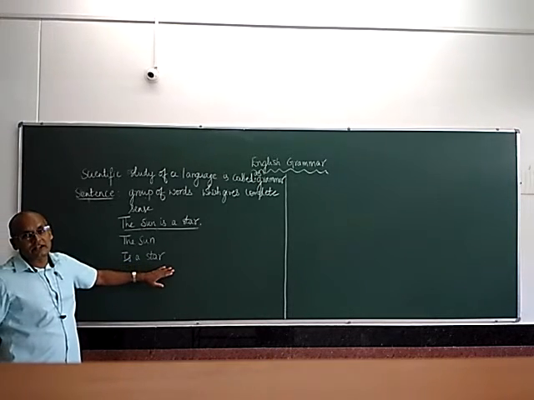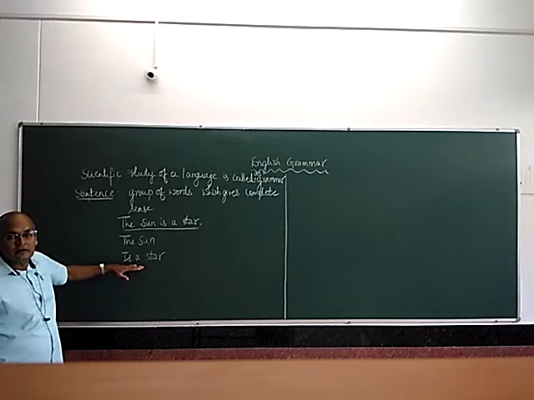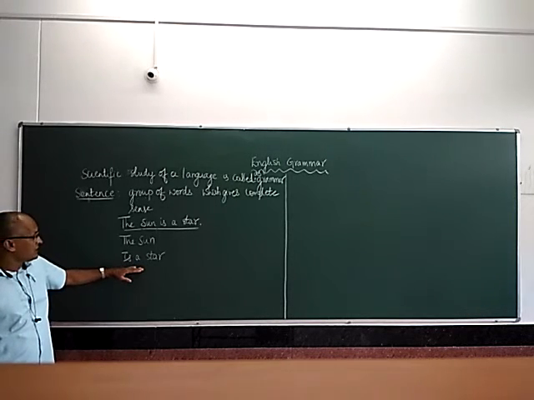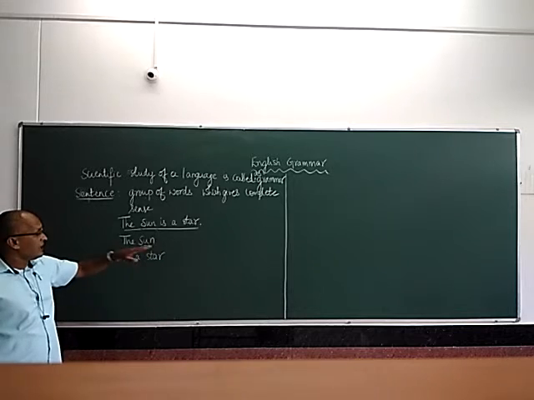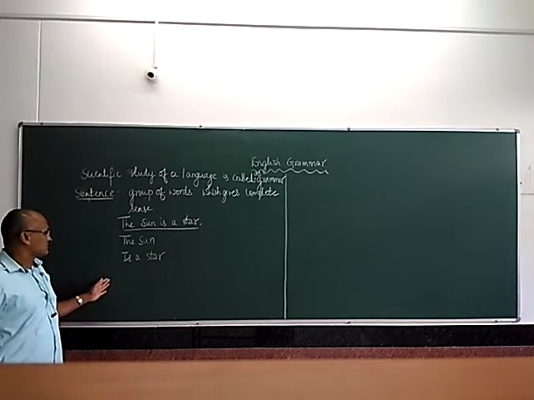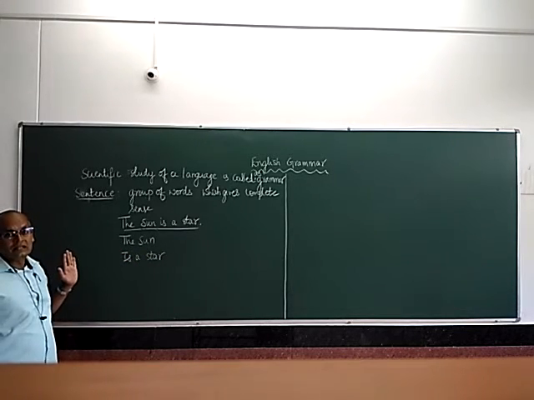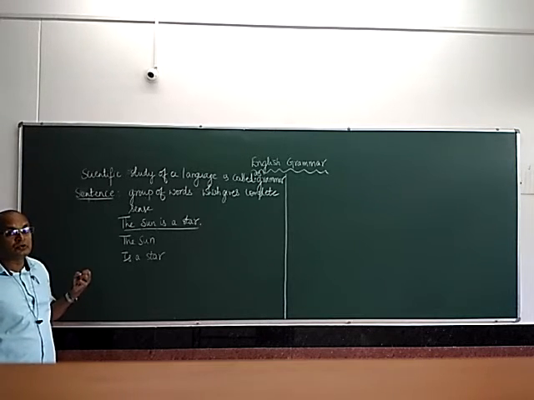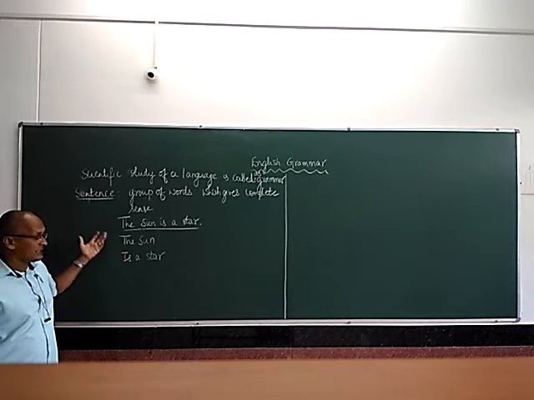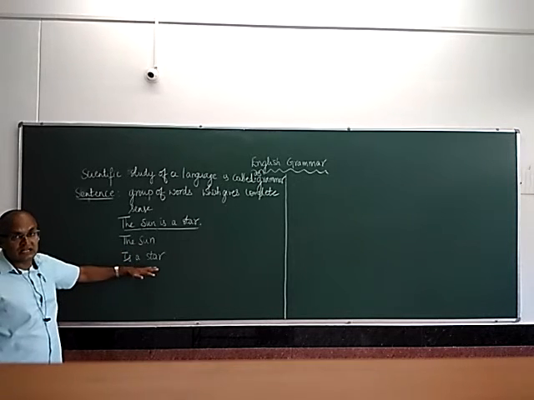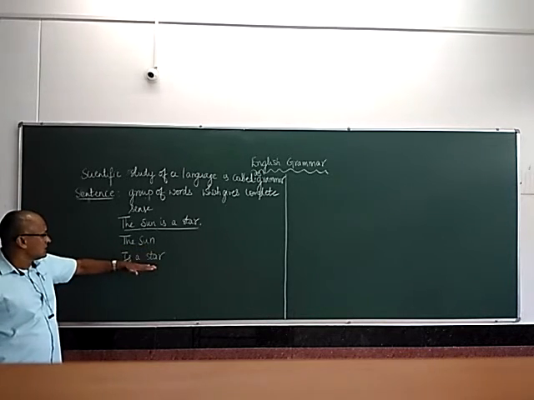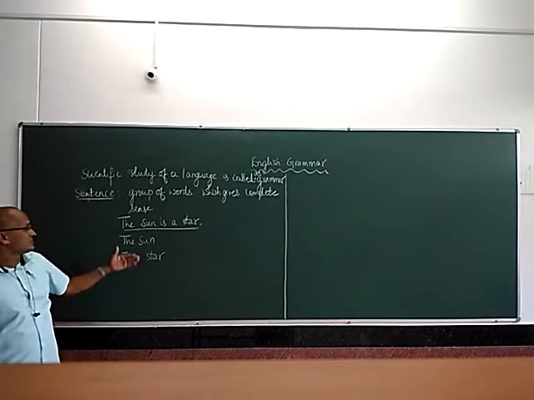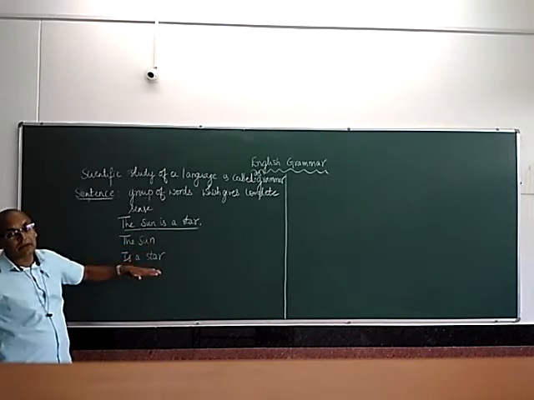It is not giving a complete sense. It is stopping in the middle. It is not giving a complete idea about anything. "Is a star" is all we get, but we are not able to understand completely what it is going to tell us. Both are groups of words, but they don't give a complete sense.